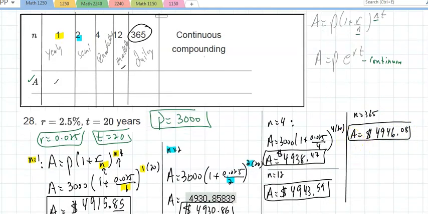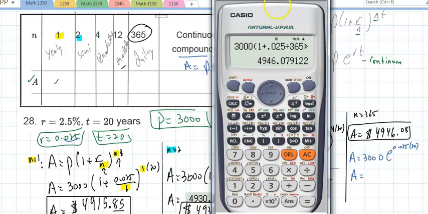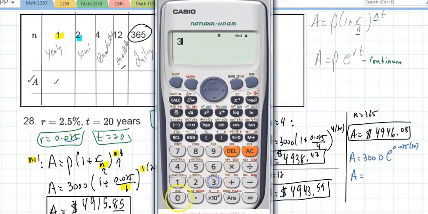Now, how about continuous? Continuous, A equal P e to the RT. The formula is shorter. R is 0.025, right? Times 20. Well, A would equal what? If I go to my calculator, I'll notice now I have to change things. 3,000, my calculator multiplies automatically.